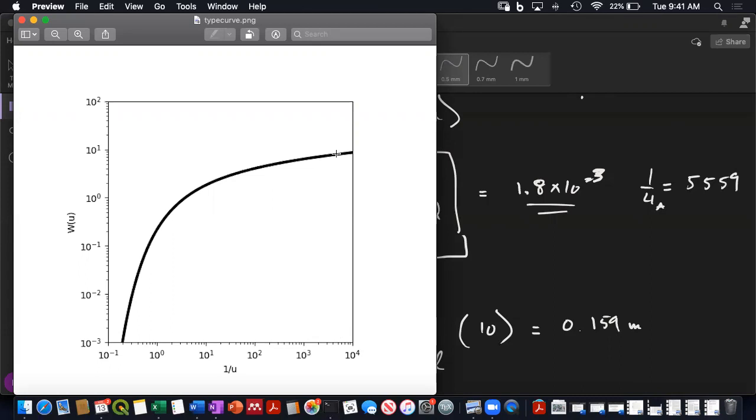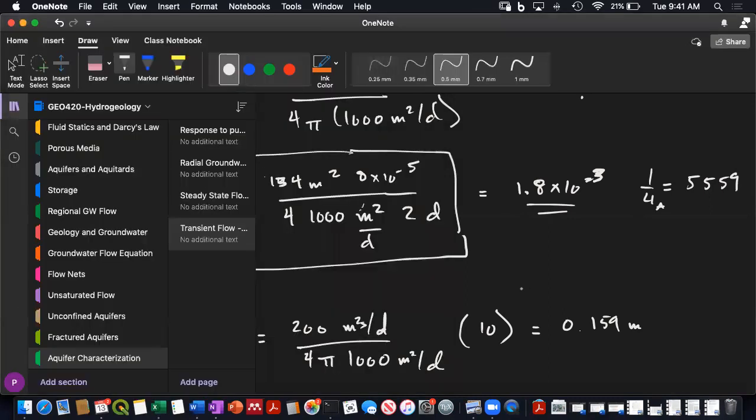So I go straight up from 5,000. It's about here. Come across close enough to 10. All right, so my W(U), my well function, for that value of U would be 10. Does that make sense? Yeah.